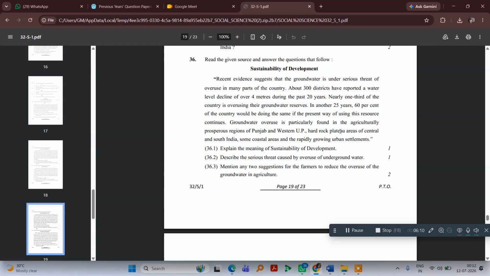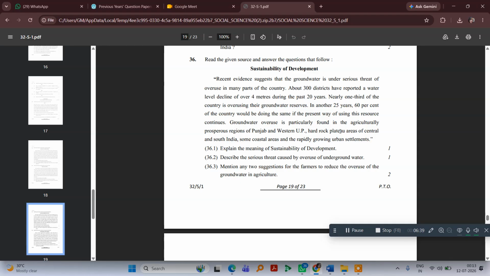In another 25 years, 60% of the country would be doing the same thing if the present way of using this resource continues. Groundwater overuse is particularly found in the agriculturally prosperous regions of Punjab, Western UP, Hard Rock Plateau areas of Central and South India, some coastal areas, and rapidly growing urban settlements.